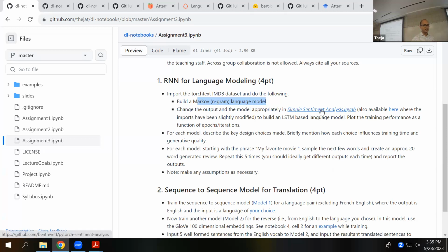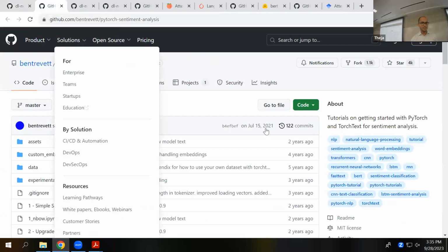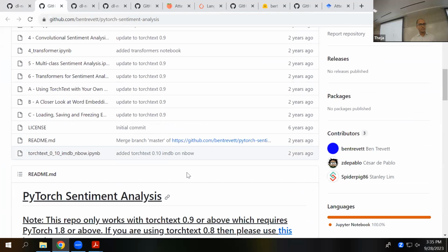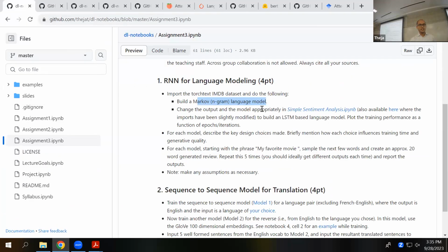There is a repository that is a dependency in this question. You don't have to rely on the exact repository, and I'm not 100% sure, it's a little bit older, so it works on older versions of PyTorch and torchtext, but that's not a requirement.